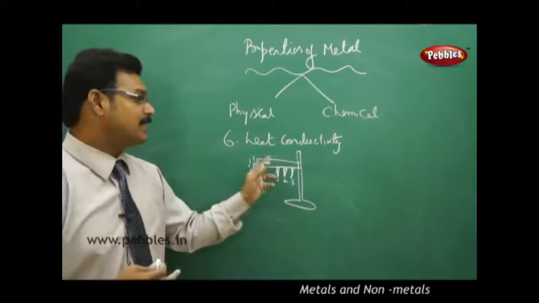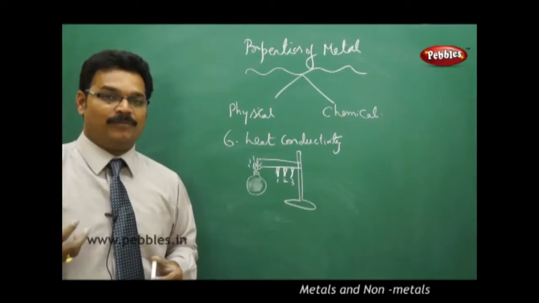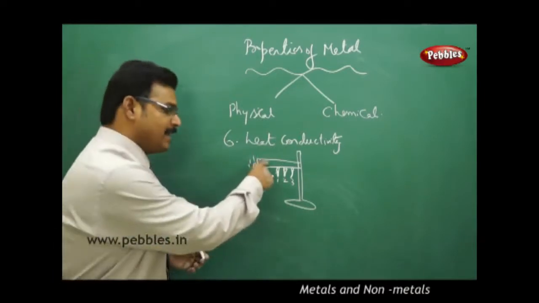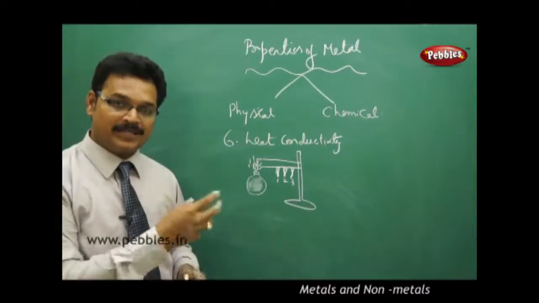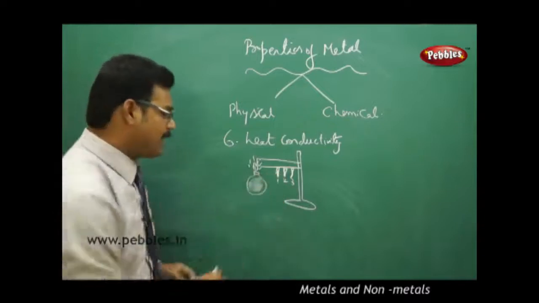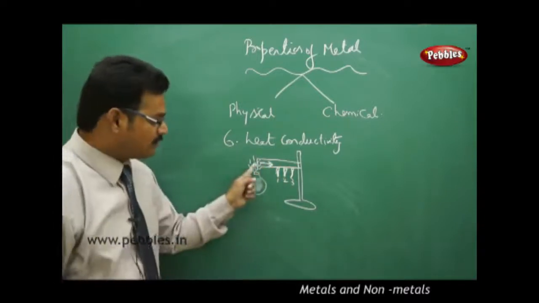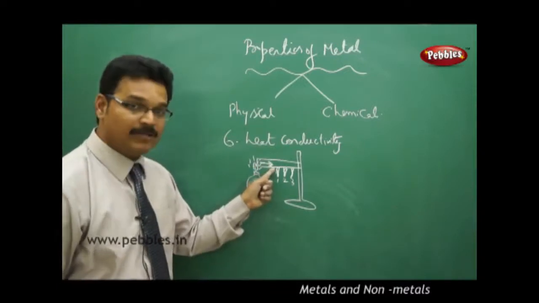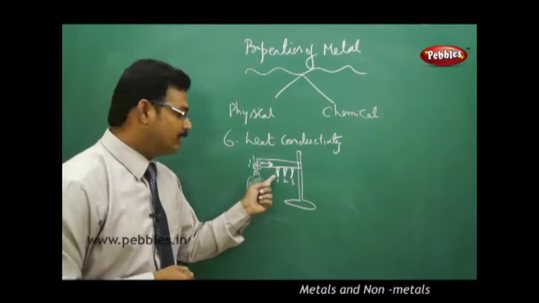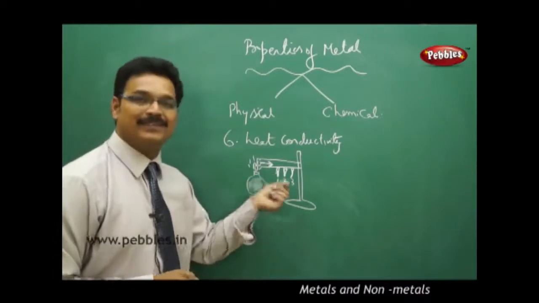Because metals have heat conductivity, they can easily allow the heat to flow. So when the iron rod is heated from one side, inside the iron rod the atoms vibrate, and they allow the heat to flow from one end to the other end. As the heat flows in this direction, first of all the heat makes the wax melt. Therefore pin 1 falls, and similarly pin 2 and pin 3.